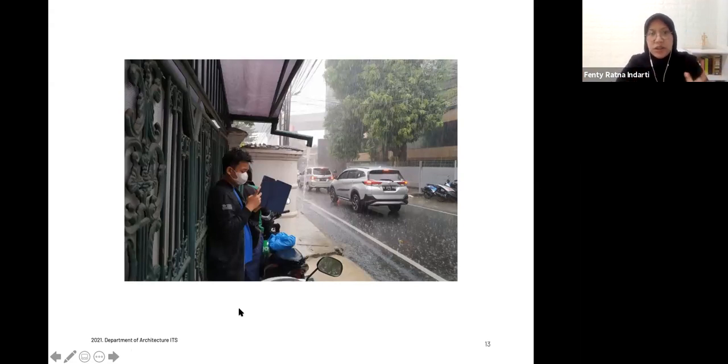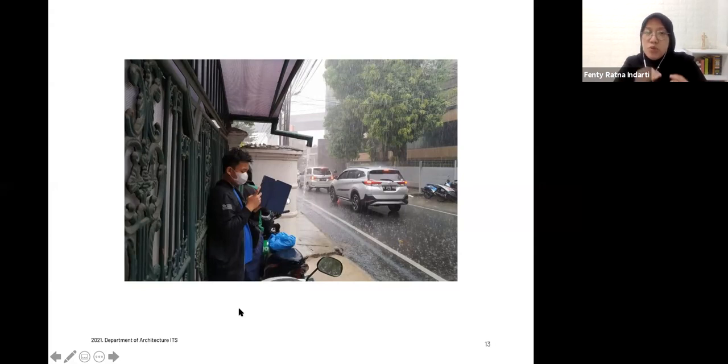So the extension itself is not only for sun protection, but also for rain protection. Because in Indonesia, again, the intensity of the rain is high, so we have to protect the walls or the body of our buildings. Because if it gets too wet, then it becomes prone to damp, and then you can create something that is not really desired by the inhabitants or the people inside.